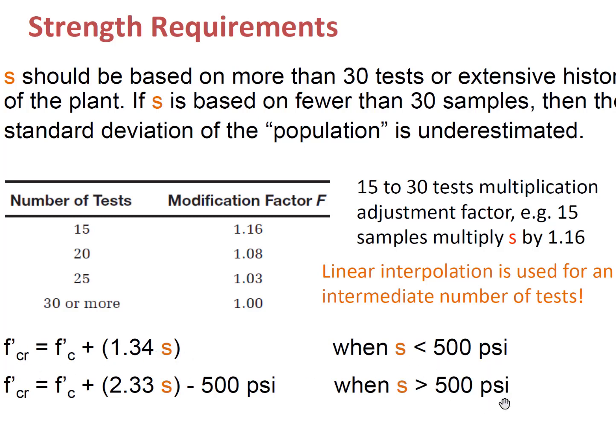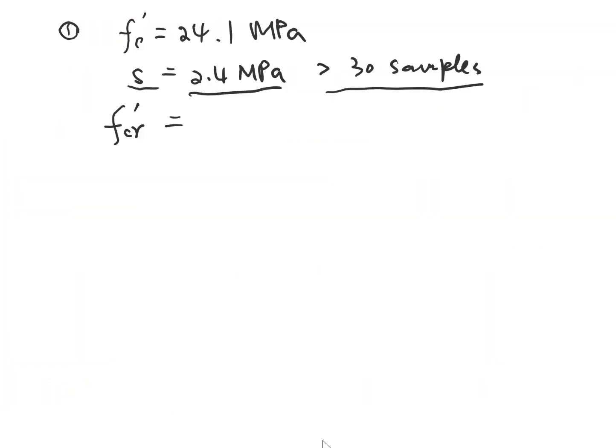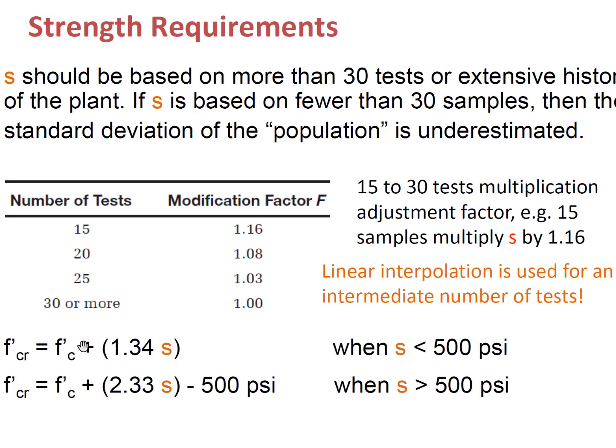If it's more than 500 psi, we are going to use the second formula. The standard deviation is 2.4 MPa, which is equal to 350 psi. So it's less than 500 psi, so we want to use the first formula in the slide.